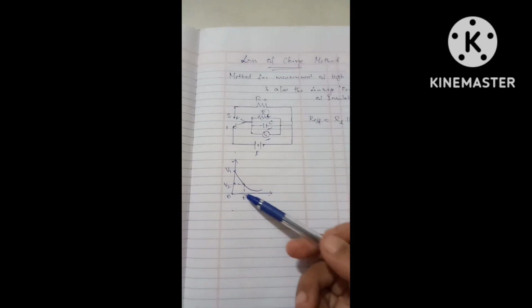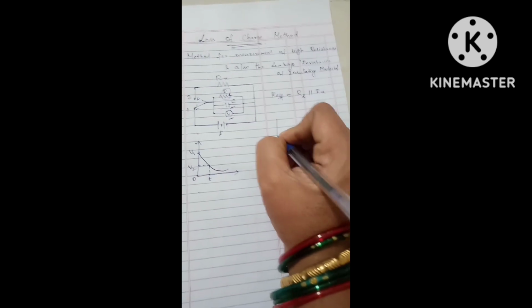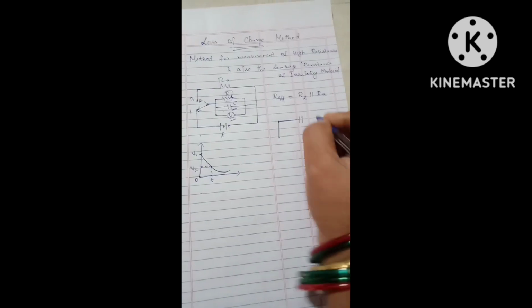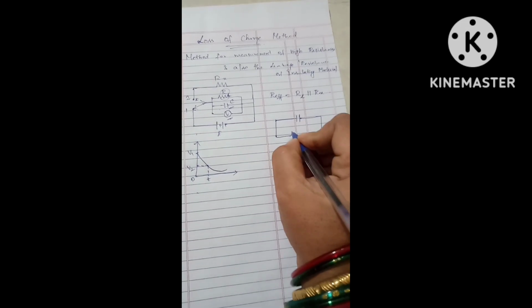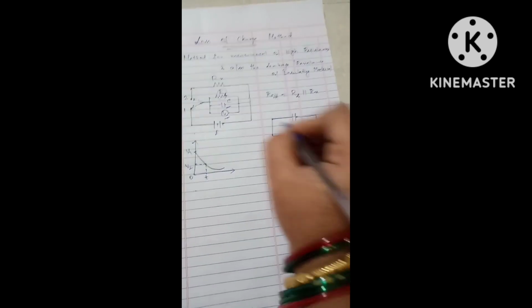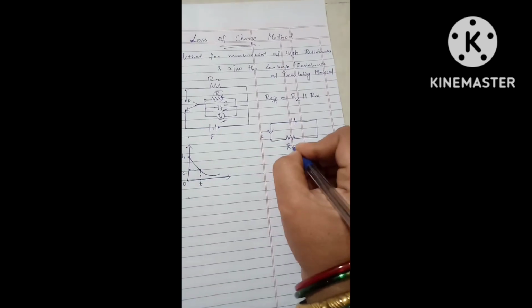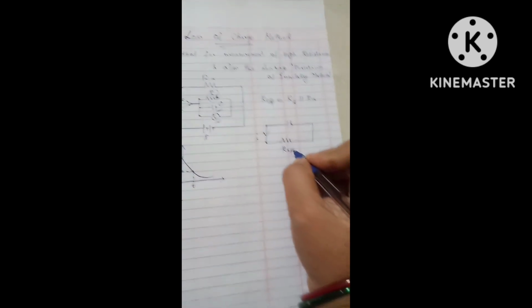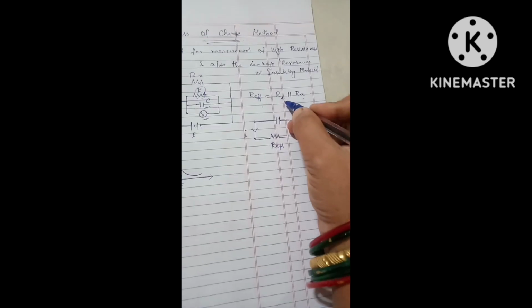Since we make use of a capacitor here, when it gets disconnected from the battery source, there will be some leakage current flowing through the resistor R effective. As I said earlier, R effective is nothing but the parallel combination of RL and Rx.